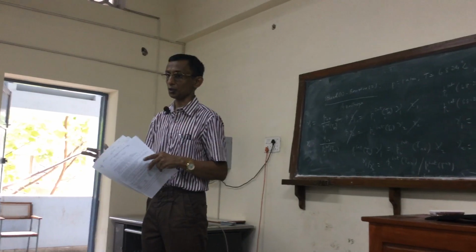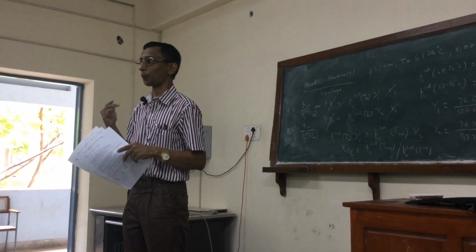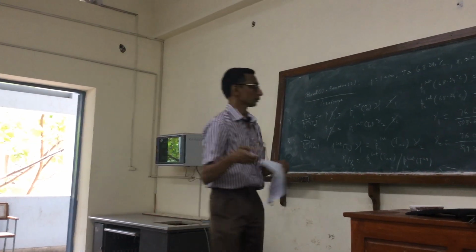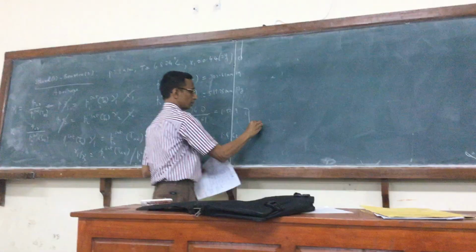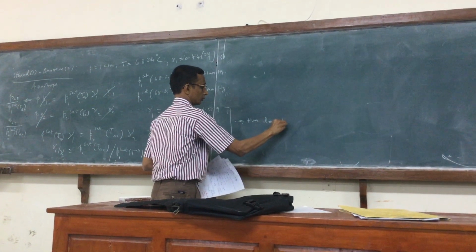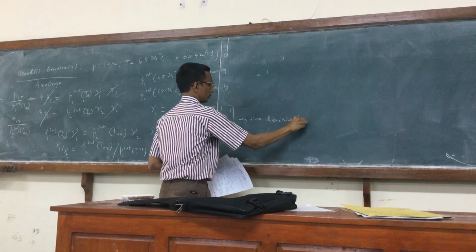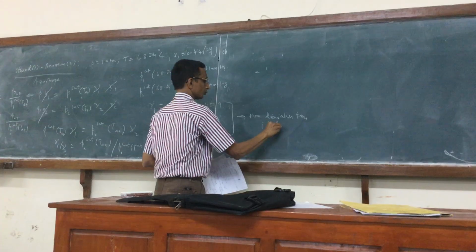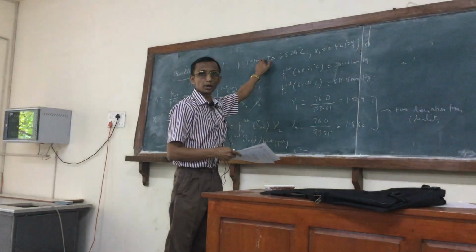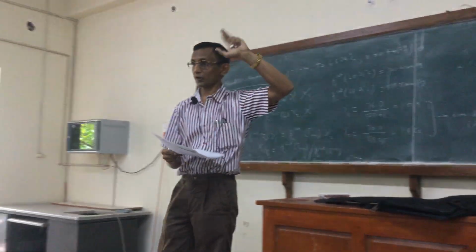So the first thing you should know is that this is what is referred to as a positive deviation from ideality. It's not given here, it only says it's an azeotrope. It's not given that there is a minimum boiling. You have to know now what type of azeotrope it is.